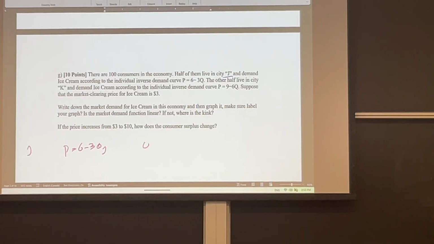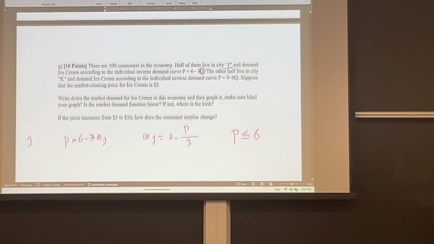And that's the actual demand. What's the reservation price for group J? How much? 6. Put the quantity equal to 0, get the reservation price. So I put 0 here, I get 6. That's the reservation price for J.